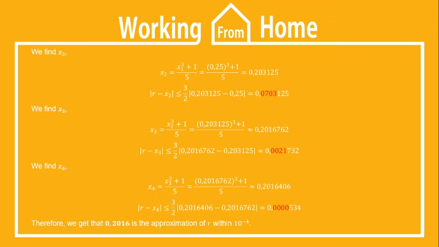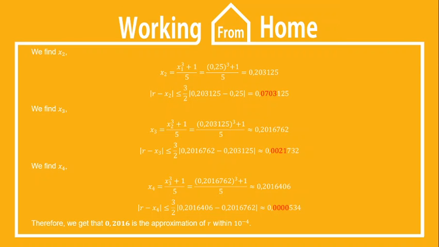So we want to find r such that we have 4 decimal places. So we can stop if the absolute value of r minus x_n is less than or equal to 0.0001.